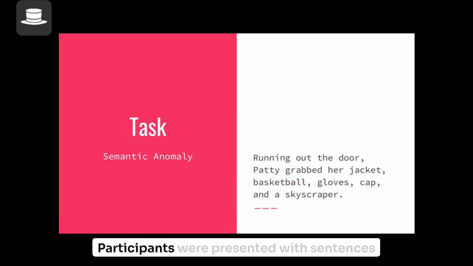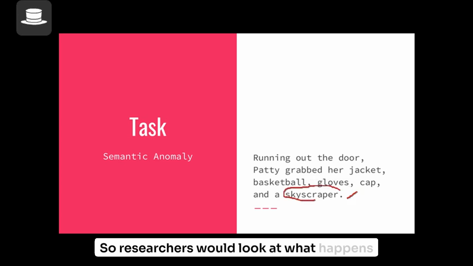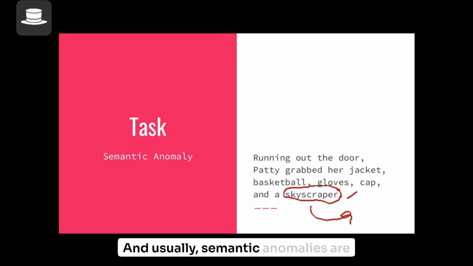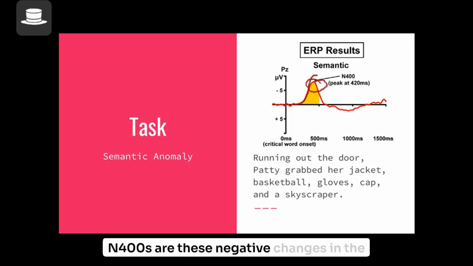Okay, so in an ERP study, an event-related potential study, participants were presented with sentences like this. Researchers would look at what happens after the reader reads this last word. Usually semantic anomalies are associated with N400s. What are N400s? N400s are negative changes in the electrical activity, a sudden change in the negative direction after 400 milliseconds have elapsed.